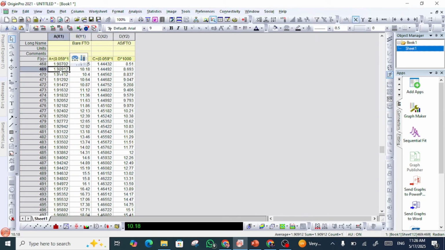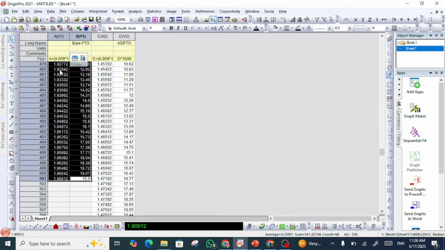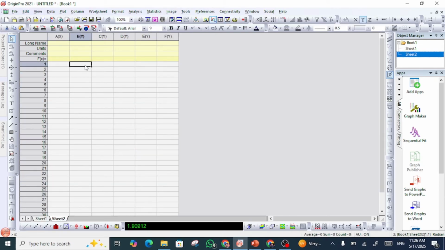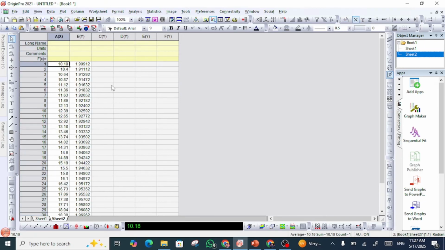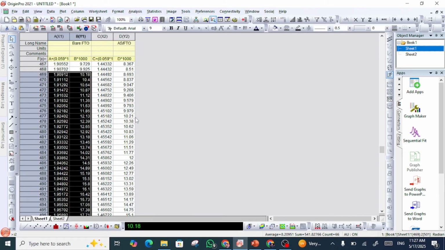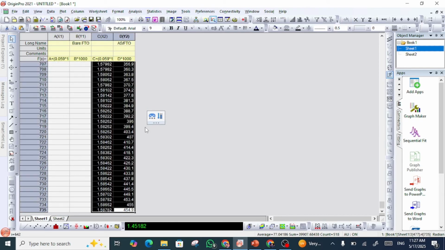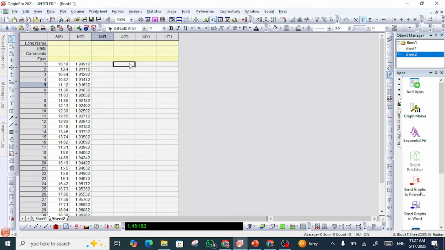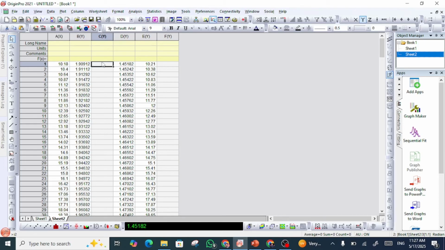Here at the first point in the bare FTO case, I will copy all the data from this point to the end, to C, and I will add the next sheet. Place this data in the second column, and then cut the current column and paste it in the first column. Similarly, we will copy the data for our second catalyst, here 10.21, to the end C and paste it in this column, and then copy the current and paste it here.